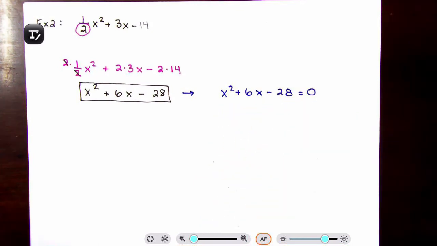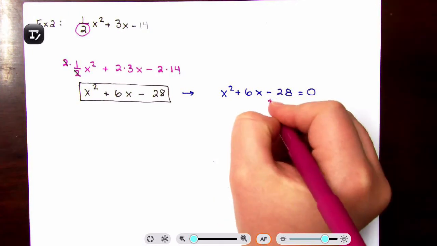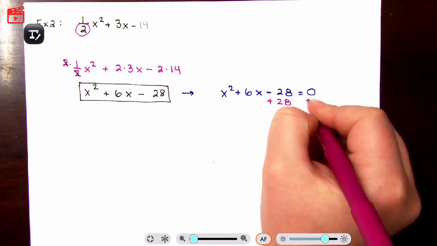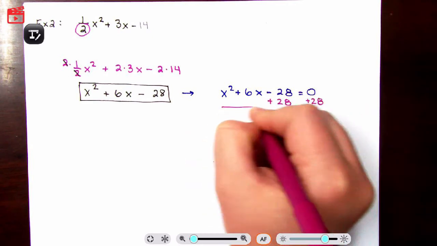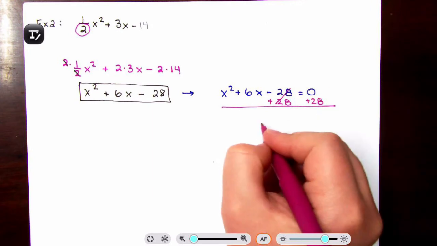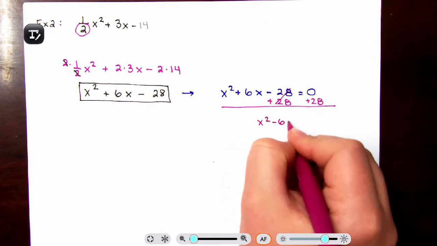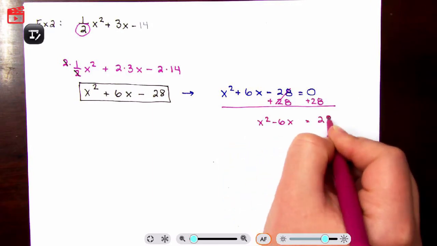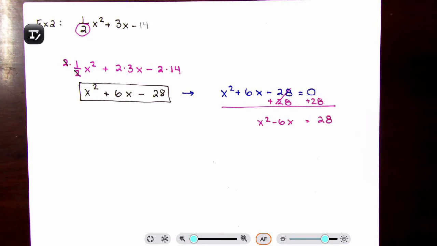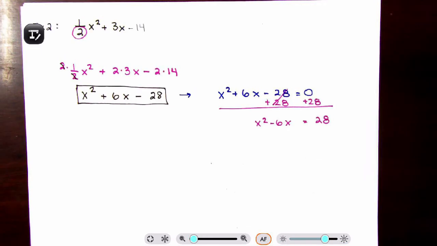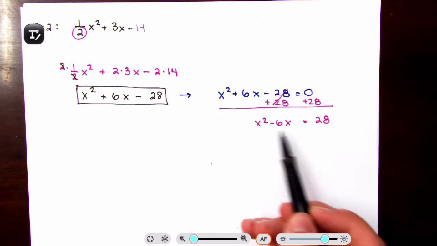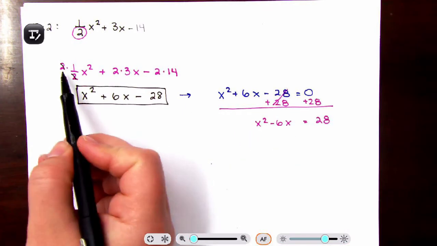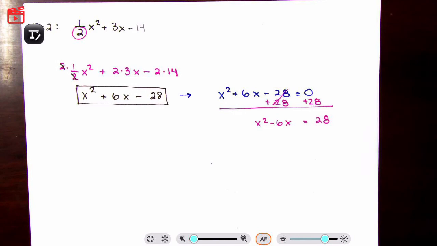Step number 2 is subtract both sides or add. So in this case, we are adding. So I have x squared minus 6x is equal to 28. Step number 3 is divide all terms by the leading coefficient. We kind of already did that by multiplying by 2. We already took care of it, so that's okay.